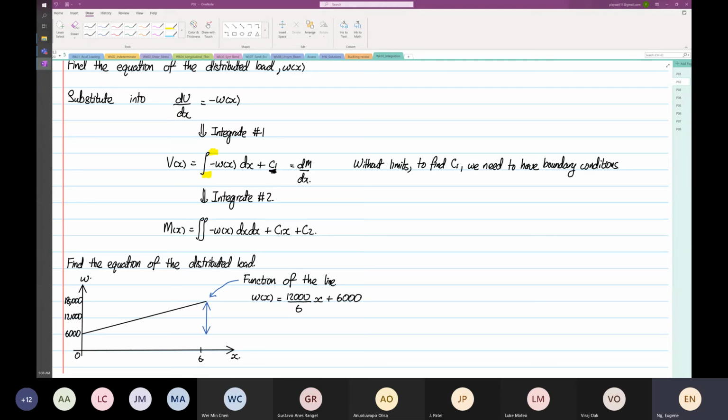This is your delta y, the 12,000, and this is your delta x, which is equal to 6. Gradient is delta y over delta x, and it's a positive slope.